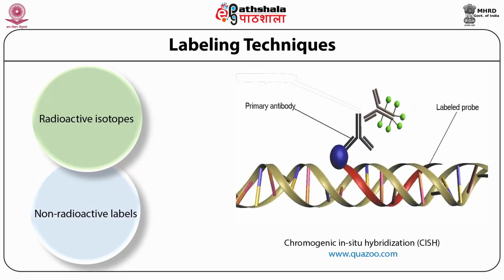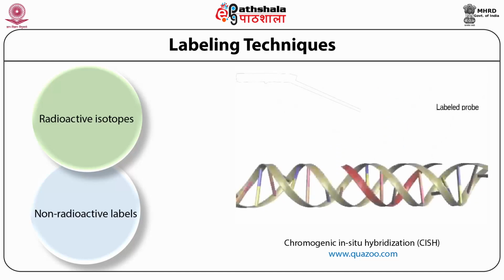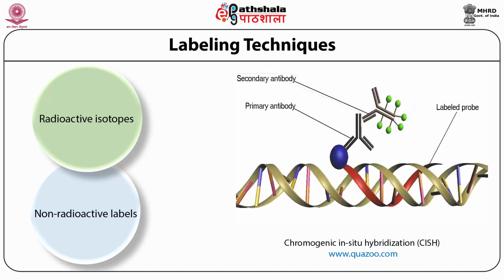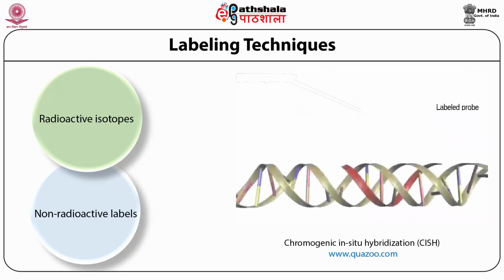Non-radioactive labels. An oligonucleotide stretch of 5 to 50 modified nucleotides can be attached at the 3' end, known as a tail, using enzyme terminal transferase. These modified nucleotides have a label attached that can be detected after hybridization. There are various labels that can be used.